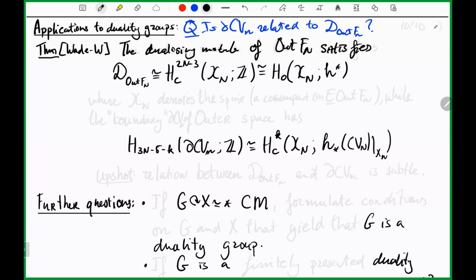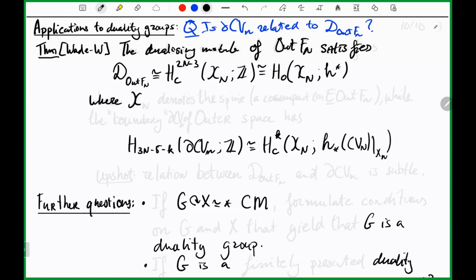Whenever you have an EG with n-dimensional duality group, the dualizing module is always going to be the degree n compactly supported cohomology of that EG with coefficients in Z. And so what our duality statement allows us to realize is that this is the same as the zero homology of the spine of outer space with coefficients in its top local cohomology sheaf.